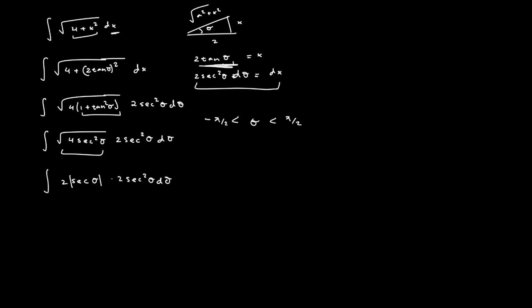And in that range, secant theta is always positive. So I can remove this absolute value and simplify this to 4 times secant cubed theta d theta. Now we just need to find the integral of secant cubed theta with respect to theta.